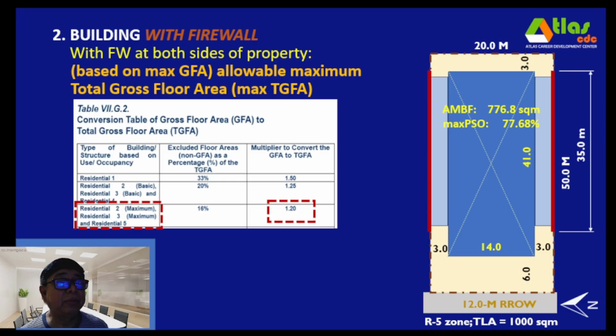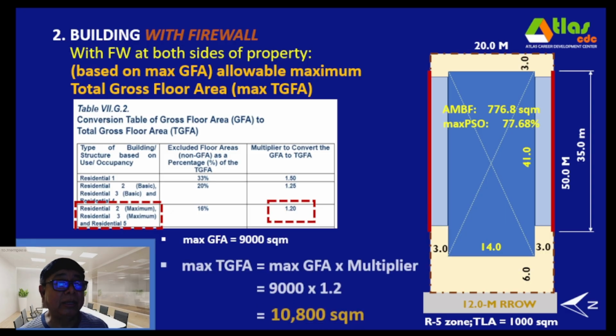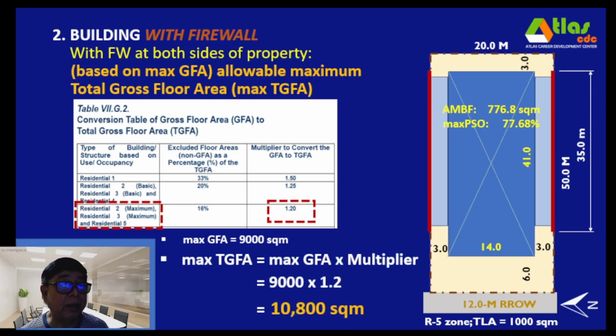So whether with firewall or without, our multiplier is also 1.2. And our maximum GFA earlier, 9,000 square meters, we just multiply by 1.2 to give you 10,800 square meters. So this is also the value of our maximum TGFA earlier without firewall. Because our maximum GFA does not change with or without firewall, it's still the same maximum GFA. And the multiplier is also the same, with or without firewall.